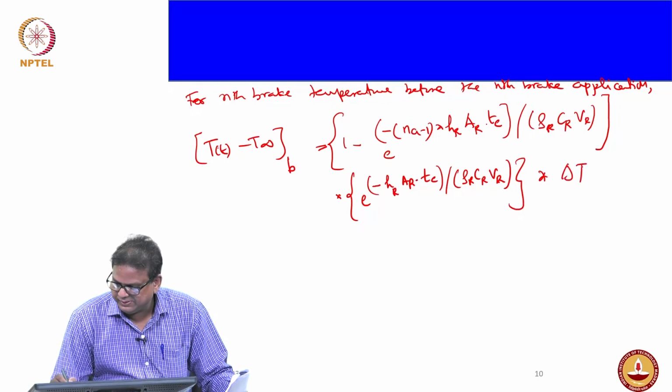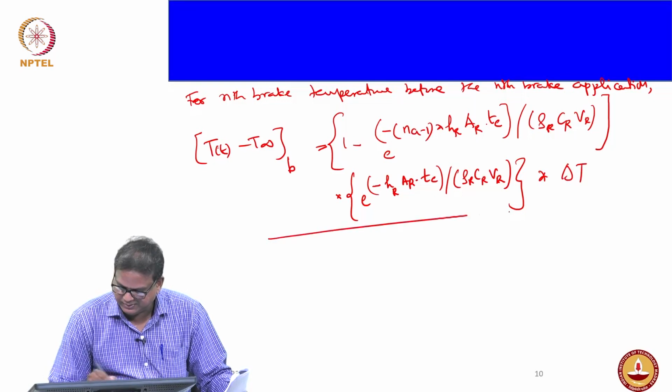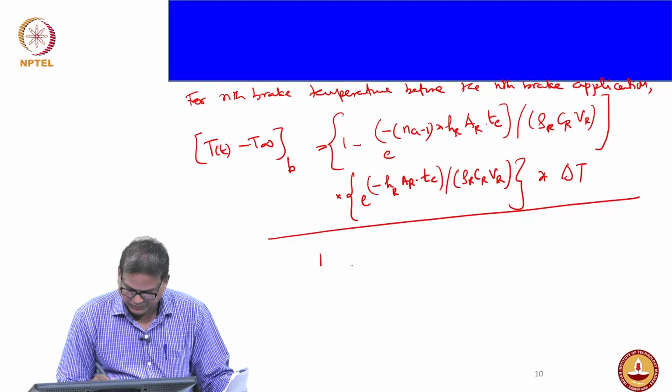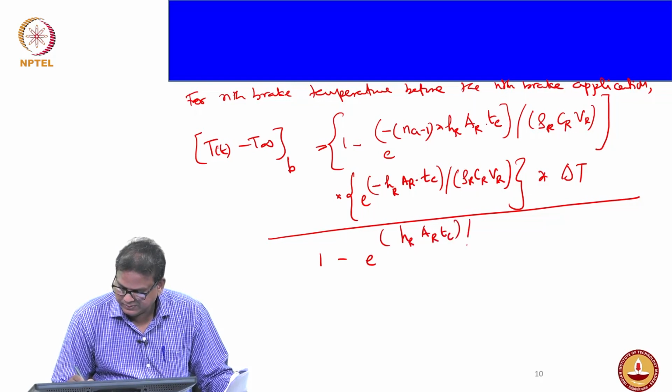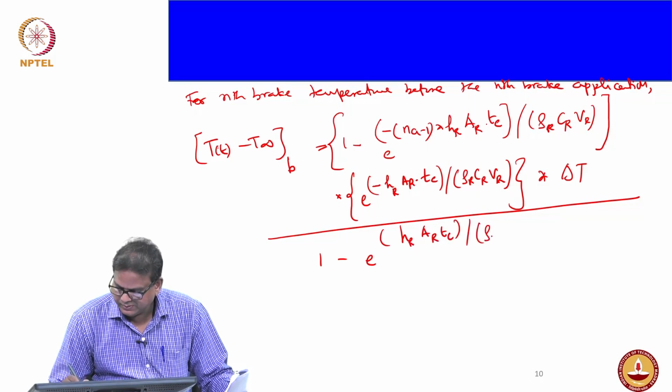With the delta T, this much information is there, and divided by 1 minus e to the power minus HR AR TC divided by rho R CR VR.